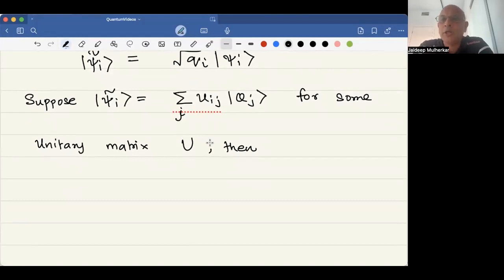If I have a product state, then it's easy to say what each subsystem state is. But if I have an entangled state, then it's not so clear what the individual states are, and that's where the reduced density matrix comes into play, and we learn an operation called the partial trace operation, which will help us understand the reduced density matrix.